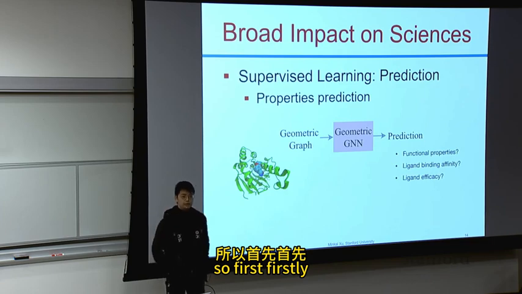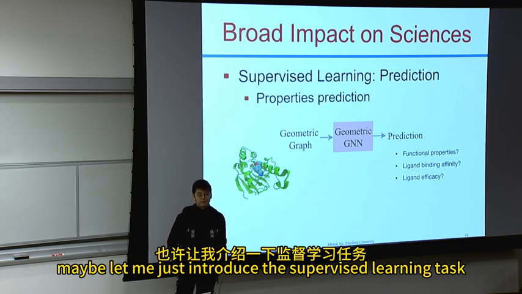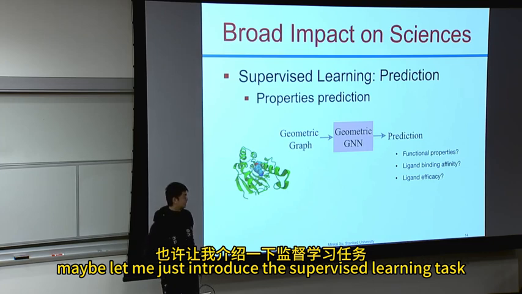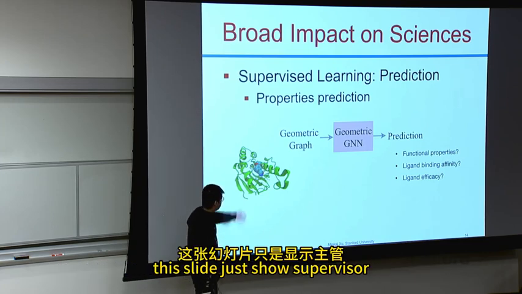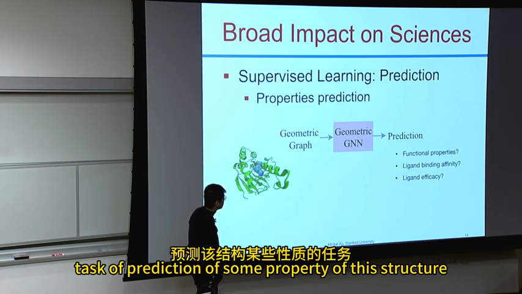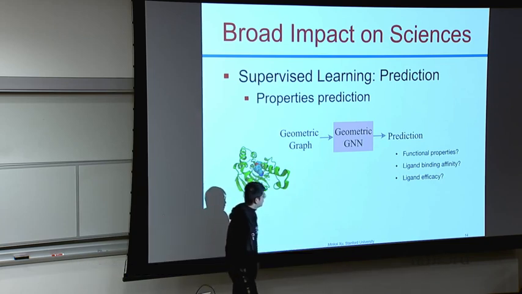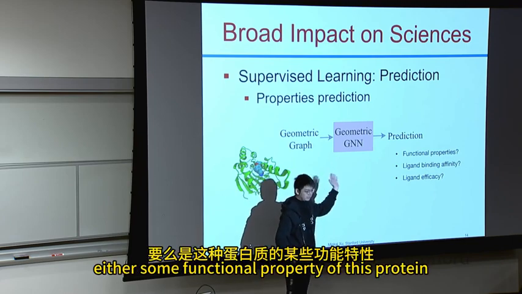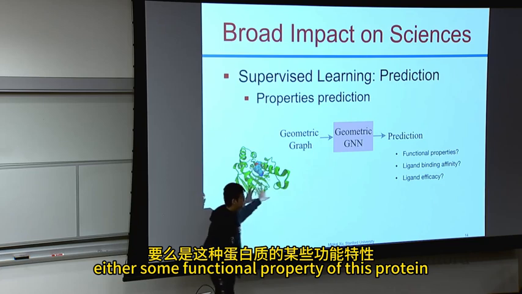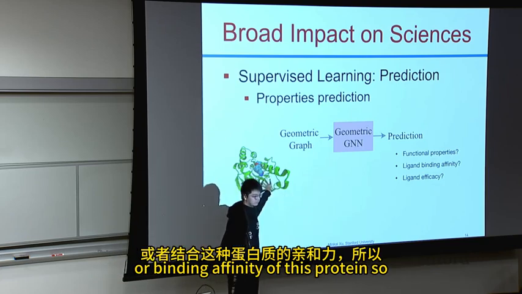Firstly, let me introduce the supervised learning task. This slide shows a supervised task of predicting some property of this structure, either some functional property of this protein or the binding affinity of this protein.